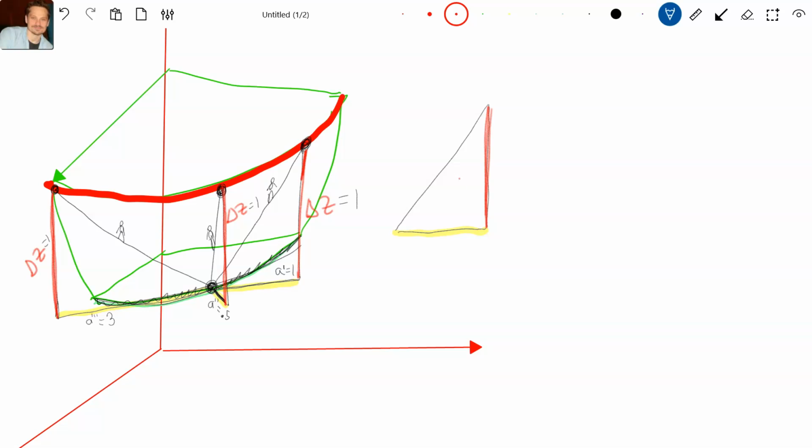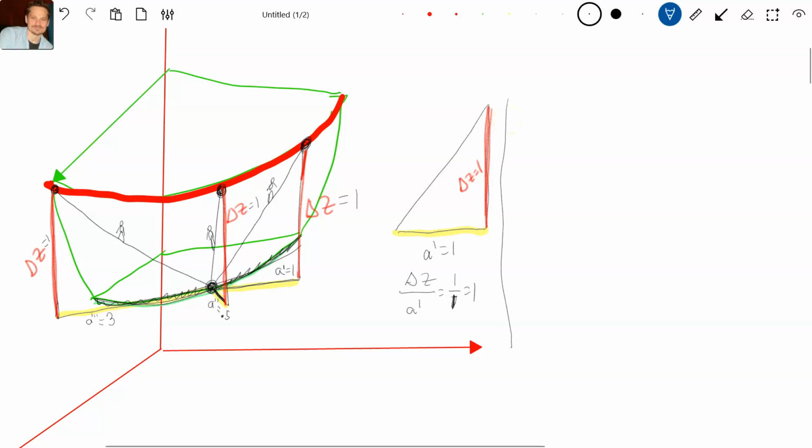This is your delta z equals 1, and the bottom there, that's a prime equals 1, which tells you the slope that this represents. Just calculate the slope the way you've learned how to calculate slope in basic algebra. So you simply form delta z, the change in the vertical, over the change in the horizontal, a prime. So that's 1 over 1, which is just 1. That's the slope.